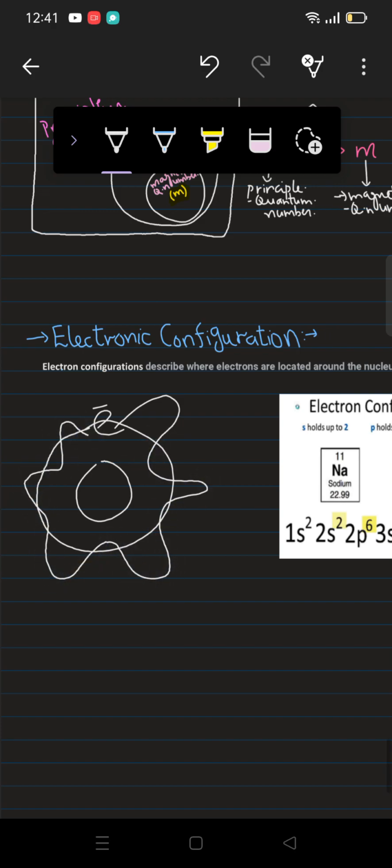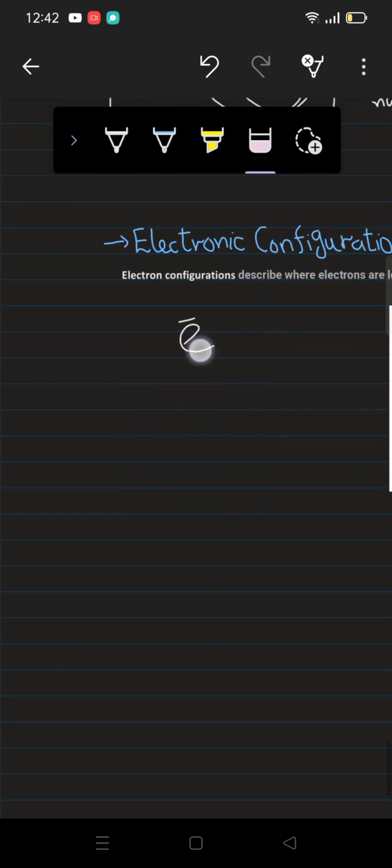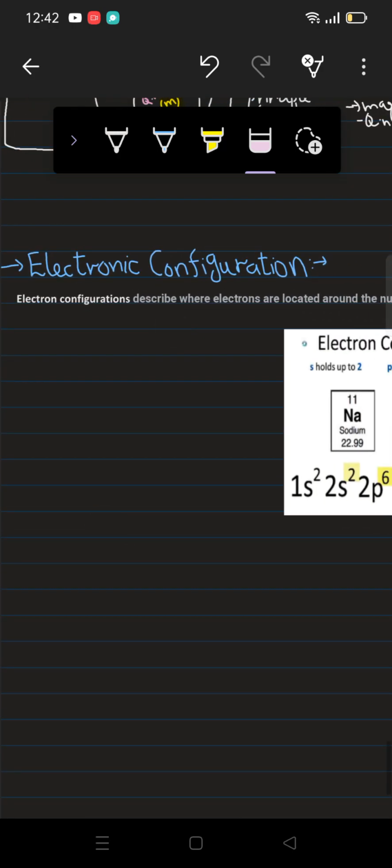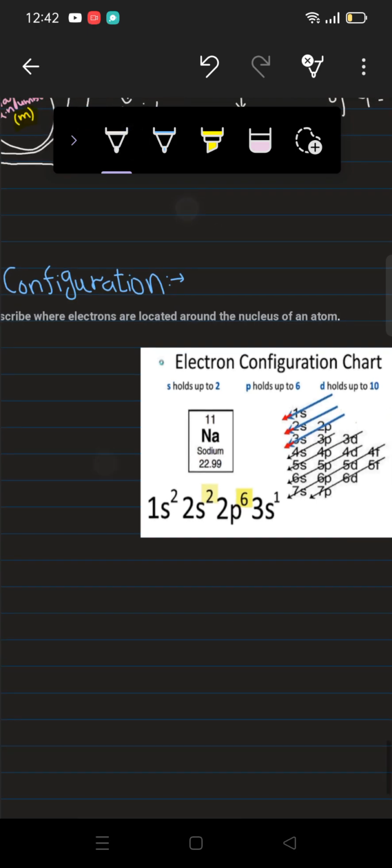Where this electron can be present, this is what we call the electronic configuration. It is basically the location of the electrons, as you can see in the definition written on the screen.